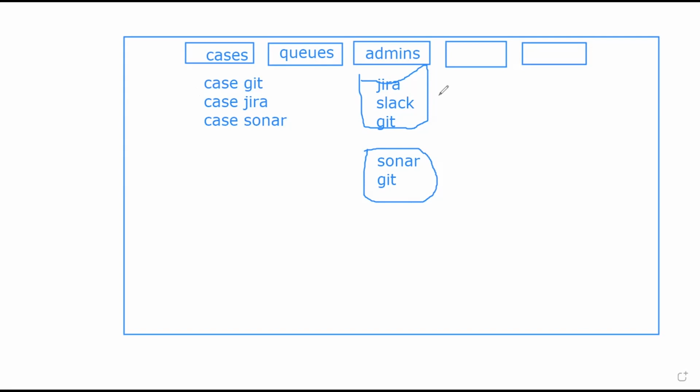This is person 1, this is person 2. Person 1 can pick the ticket manually. Like, I have an idea on Git, so I'll pick a case on Git. Person 2 can get a Sonar case.